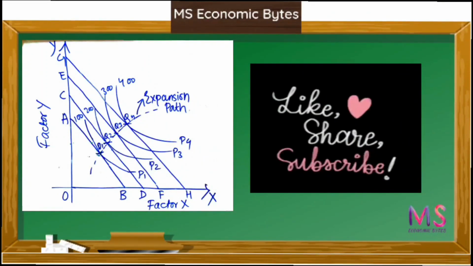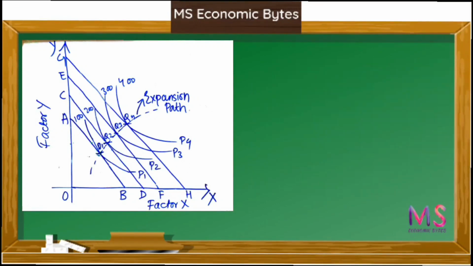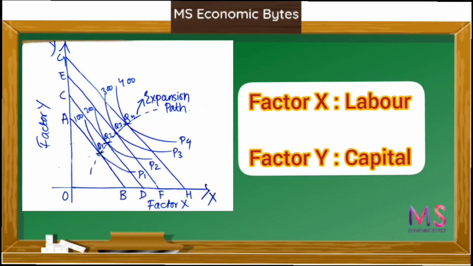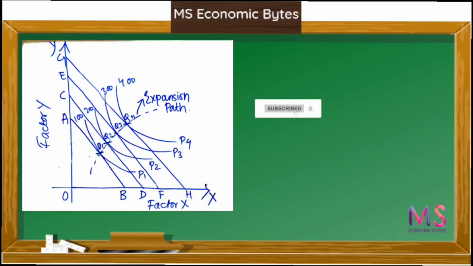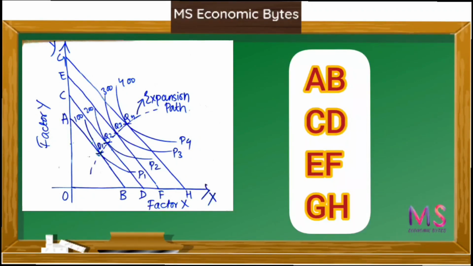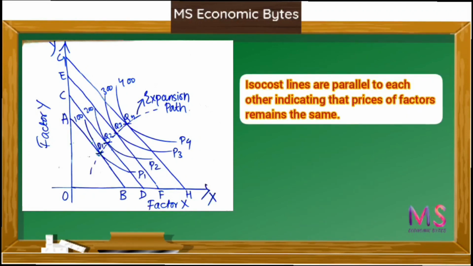In the figure, you can clearly see that the OX axis represents factor X and the OY axis represents factor Y. For simplicity, let us assume that factor X is labor and factor Y is capital. You can see in the figure that we have isocost lines AB, CD, EF and GH that denote different levels of outlay of the firm.